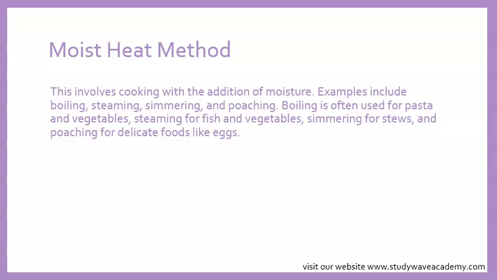So moist heat is like a spa day for your food, keeping it juicy and full of flavor. It's the relaxed side of cooking, okay? So while dry heat gives that golden crunch, moist heat is like a soothing spa day for your food, keeping it juicy and full of flavor. Okay? Good.